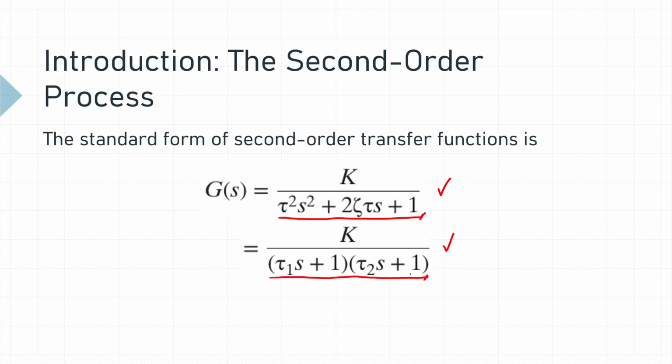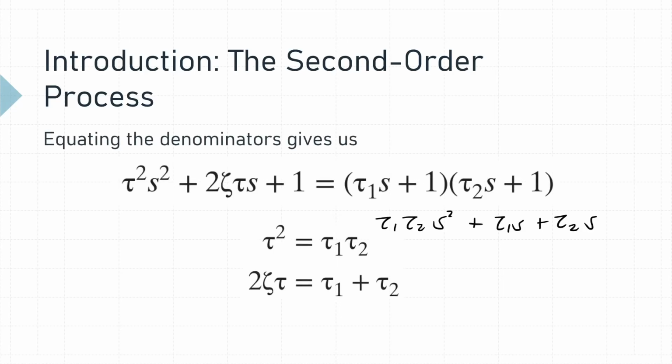So there should be a relationship between these two. Since this is their only difference, we could equate these expressions and compare the coefficients of the s terms, from which we can obtain simplified equations for individual and overall tau along with zeta.